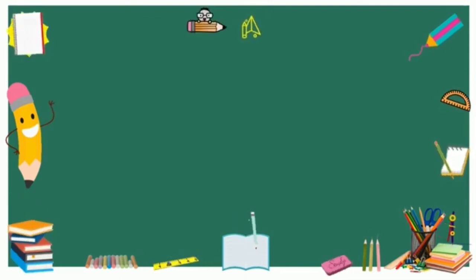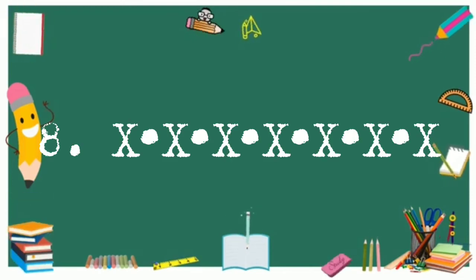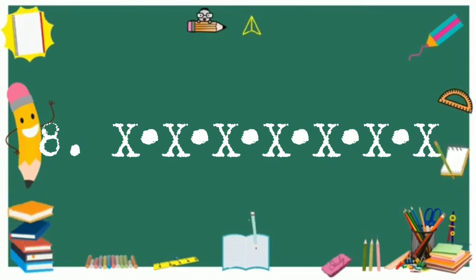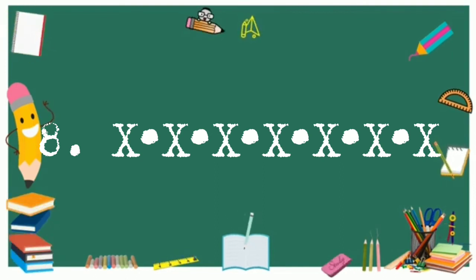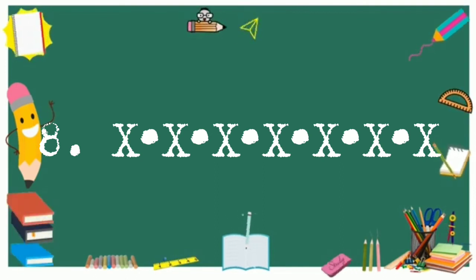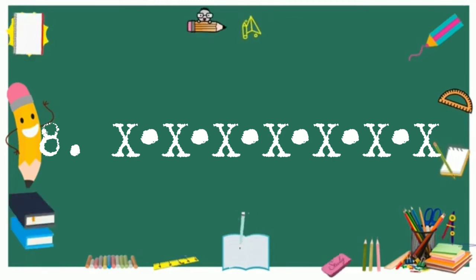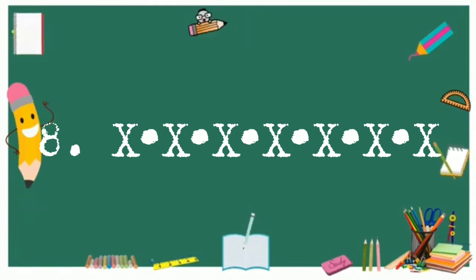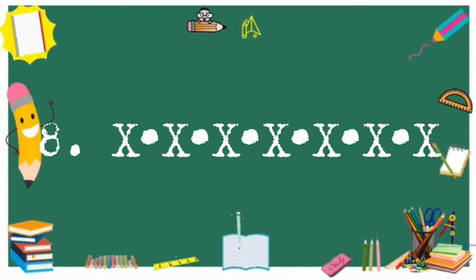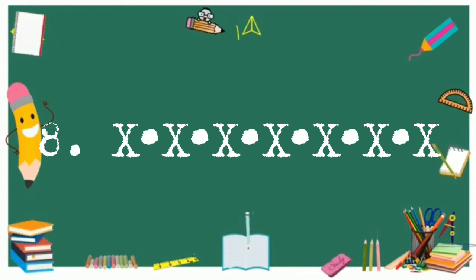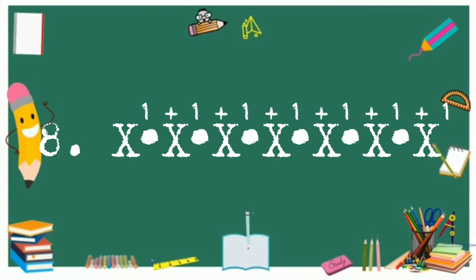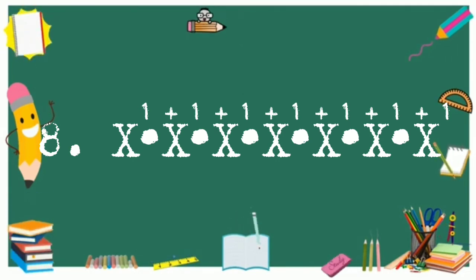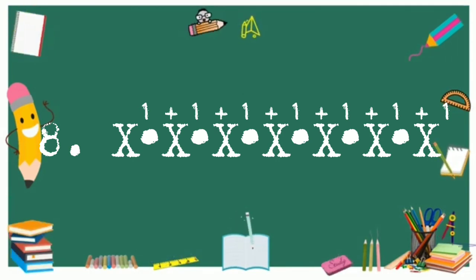And last but not the least, number 8. x multiplied by x multiplied by x multiplied by x multiplied by x multiplied by x and multiplied by x. Now we just count the number of x's there, same as we did in number 7, since there is an invisible 1 exponent in every x.